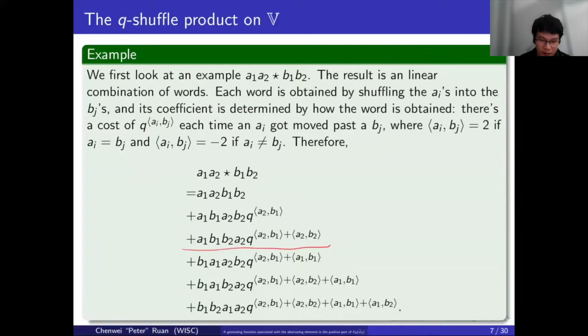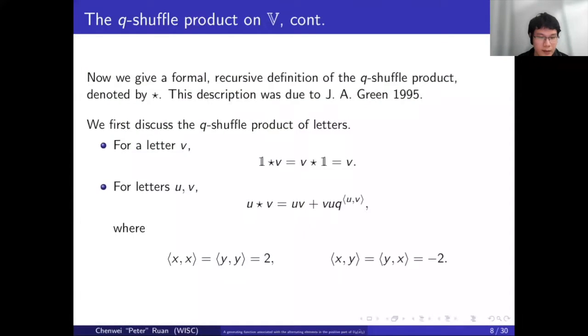So the resulting cost will be a2 against b1 and a2 against b2, because a2 is moved past b1 and b2, and similar for the others. Okay, so now we give a formal recursive definition for the q-shuffle product denoted by star. This description was actually due to Green in 1995.